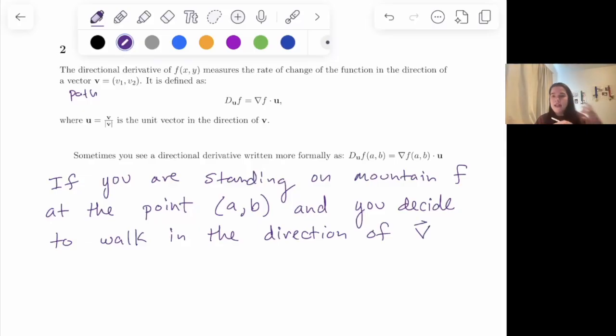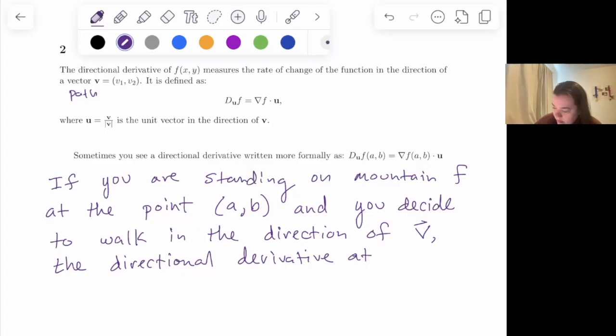So there you are, you're standing on the mountain, you're at a certain point and you see a path and you go, oh, I'm going to walk that way. The directional derivative at that point finds the slope of your chosen path.